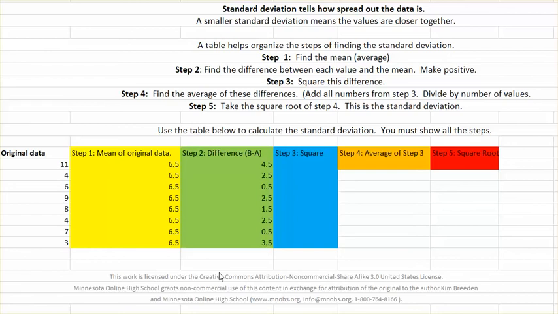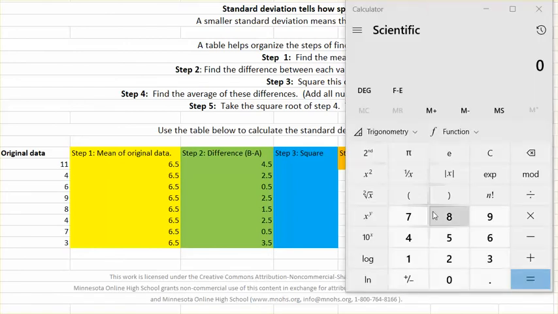In step 3, we square that number. So I'm going to take the green column and square each of them. Remember, squaring means that you multiply it by itself. On your calculator, you should see a squared button. So my first one is 4.5 squared, 20.25.